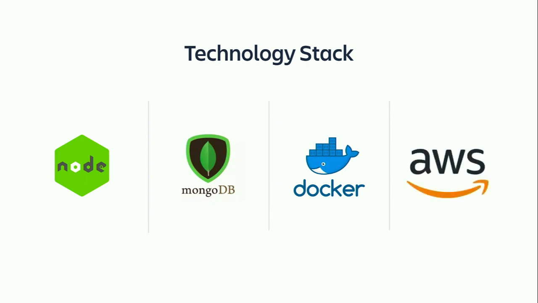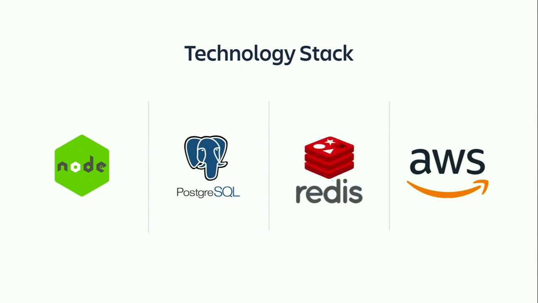Speaking of hosting companies, maybe you want to host on AWS. Yeah, that's fine, your choice. Maybe you want to use PostgreSQL for your persistent data storage, or you want to use Redis for caching to improve the performance of your app. Or maybe you prefer DigitalOcean. Maybe Node.js isn't your thing.